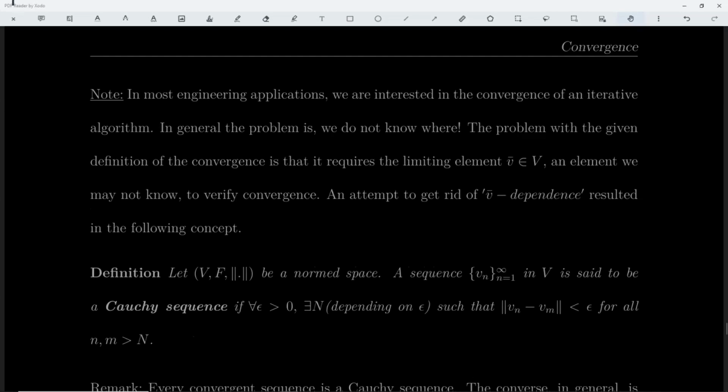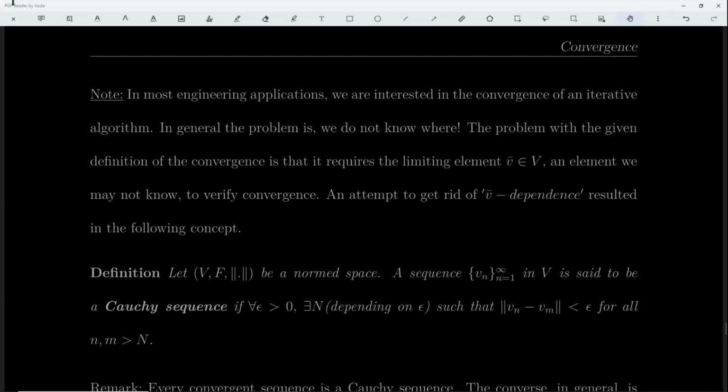Once again, in most engineering applications, we are interested in the convergence of algorithms. The problem is that we don't know the limiting value for the convergence, okay? But the above convergence definition, as your friend just mentioned, depends on the converging value, the limit of the series.